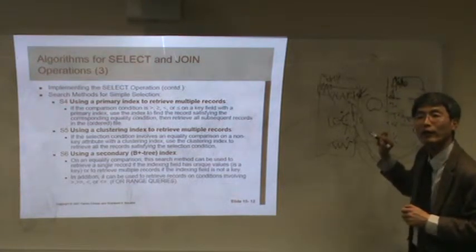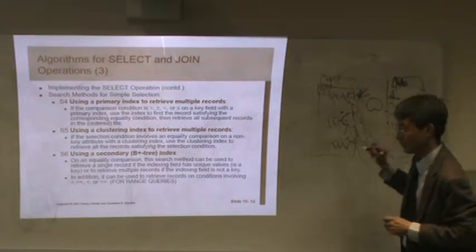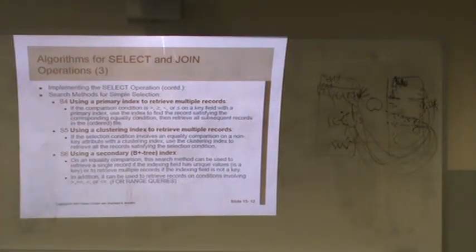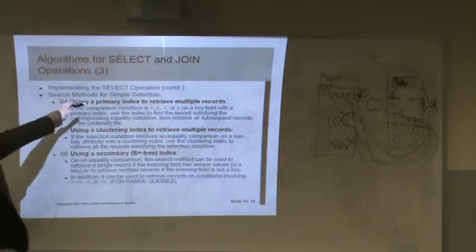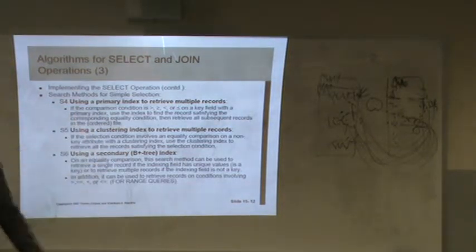What's the difference between that one and the third one with the primary index? This is one record. This is one record. This is multiple records. It's the same structure, but it depends on how many records you need to access.